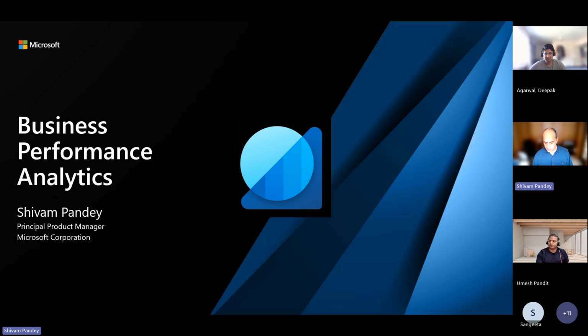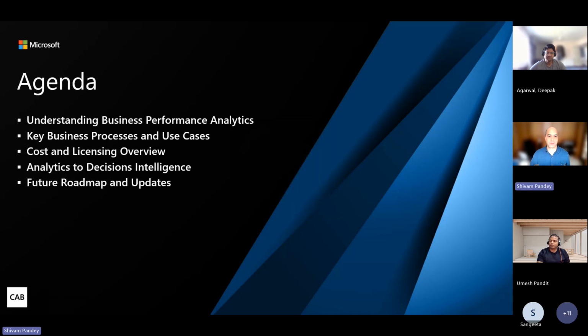In this session, we'll talk about our journey with business performance analytics and decision intelligence that we have taken. We started a few years back, and we are well into this journey. I want to talk to you about what is business performance analytics, what's the value proposition of business performance analytics, and what are some of the key business processes and use cases that you can drive using it.